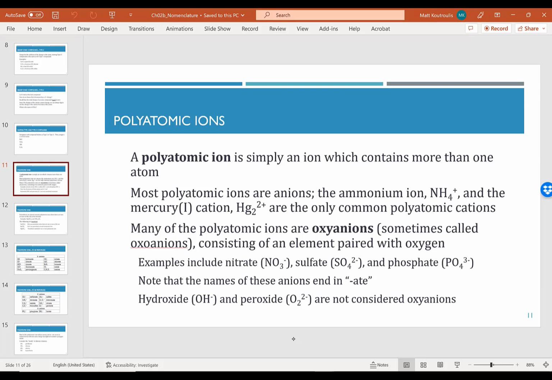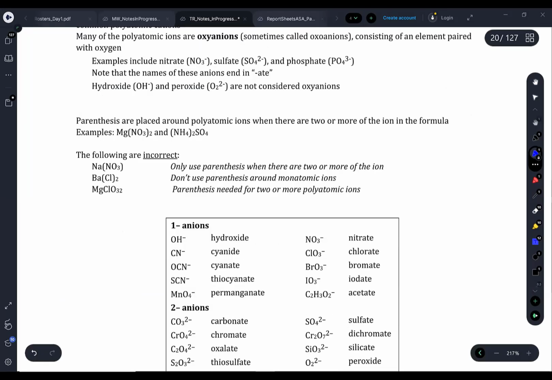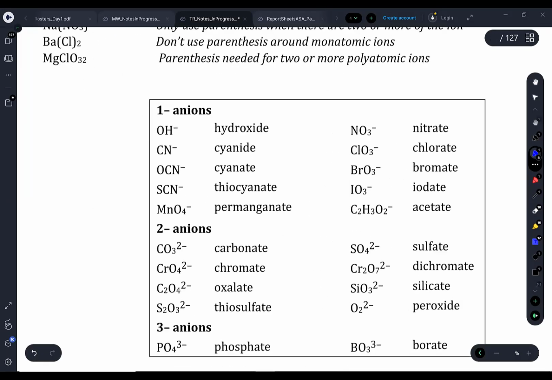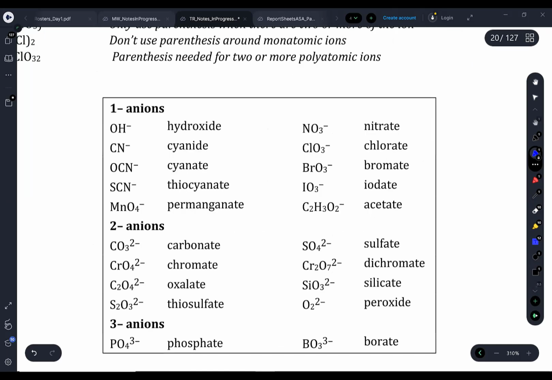Okay. The vast majority of the ions are negative, and they are oxyanions. And when I say oxyanions, that means they contain oxygen. And for our purposes, all of the oxyanions that you had to know end in ate, A-T-E.